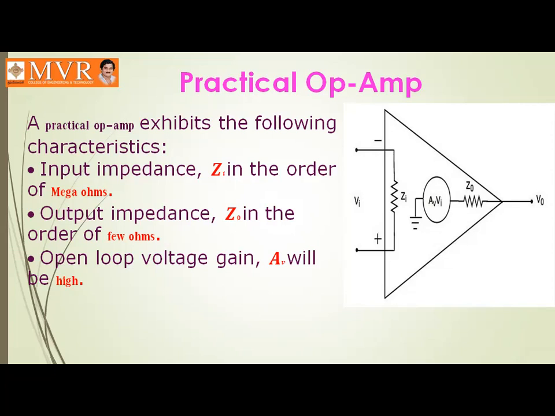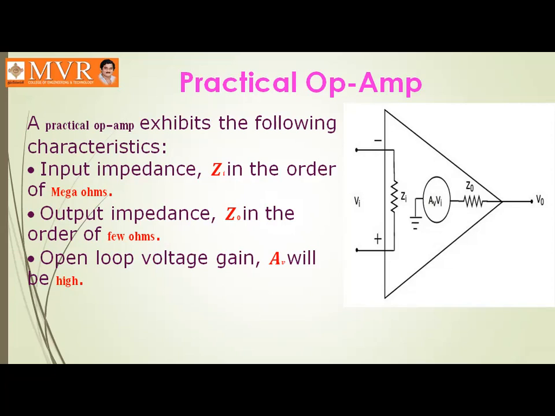So the output impedance of an op-amp must be a few ohms, which may not be equal to zero, but it will be very small.